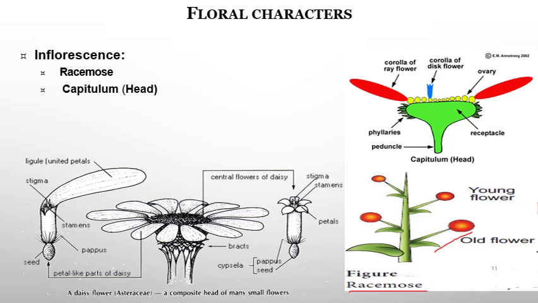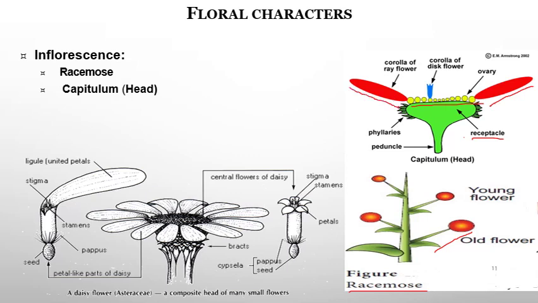While in the case of capitulum or head, the inflorescence in which the main axis flattens to form a receptacle and flowers are crowded on it. Here, these are the flowers that are present on it.